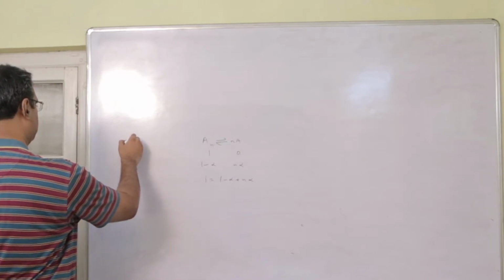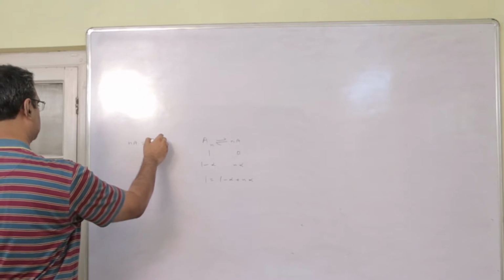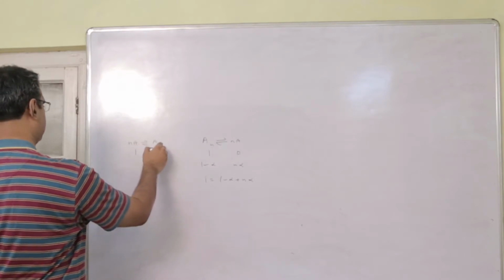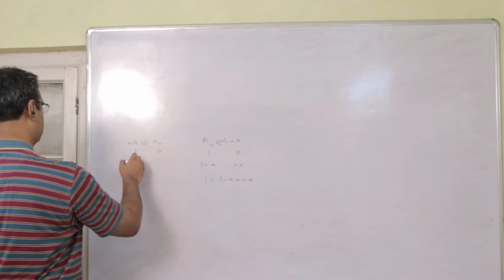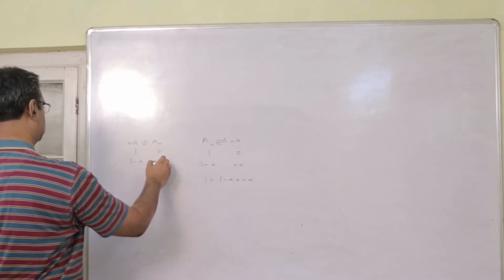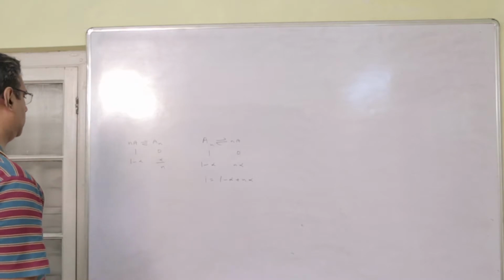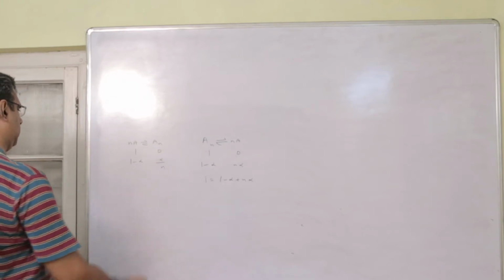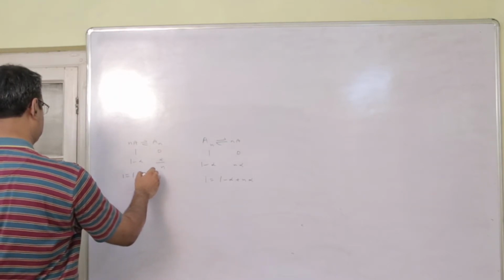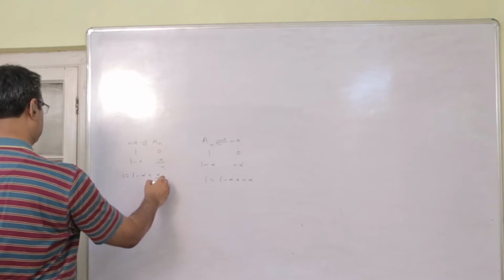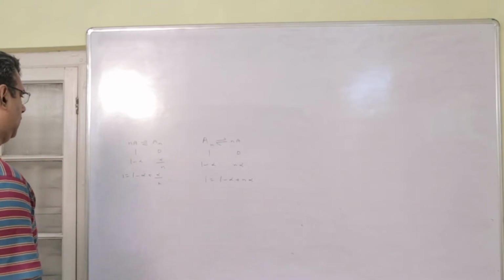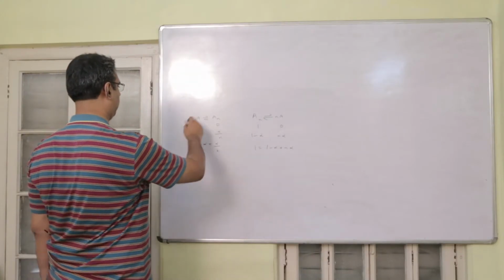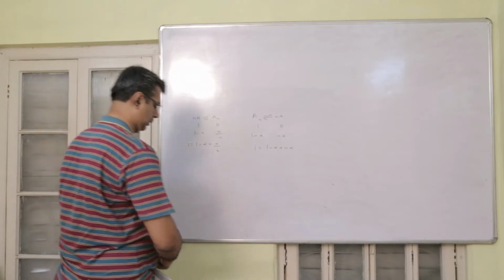In the same way, if we write N A is equal to AN, due to association, at equilibrium it will be 1 minus alpha and alpha by N. So i is 1 minus alpha plus alpha by N. This is in case of association and the earlier one is in case of dissociation.